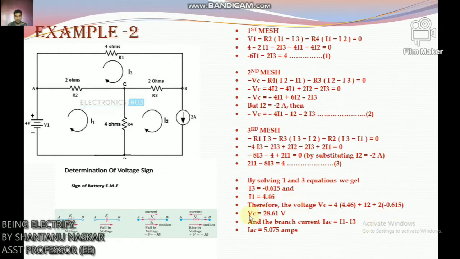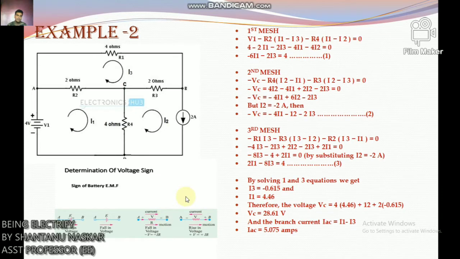Now from here we can get the value of Vc, which is 28.61 volt, and the branch current ISC equals to I1 minus I3. That means I1 is going through here and I3 is going through here. So the motion is in the clockwise direction, so I1 is positive and I3 is opposite to the motion, so I3 is negative. So ISC equals to 5.075 ampere.